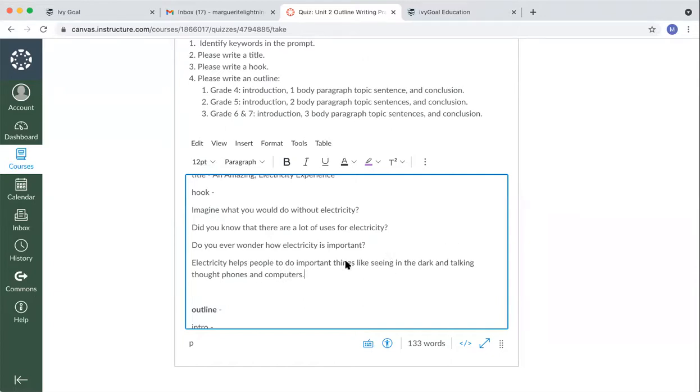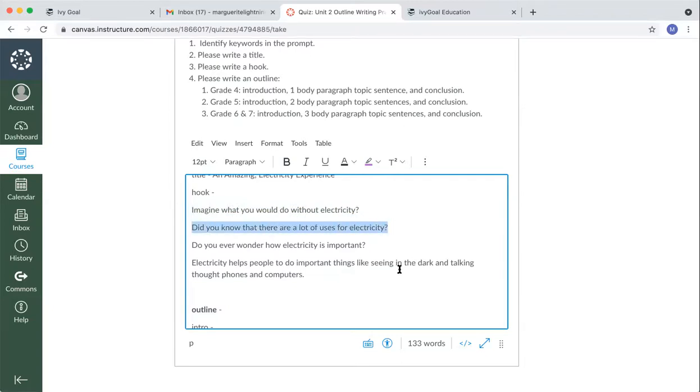Okay, good. Yeah, so it looks like we're kind of all using similar ideas, which is great. So I like how we're putting this hook in the form of a question that does intrigue a reader, right? So we have, imagine what you would do without electricity. And Luke, can you read the next one, please?